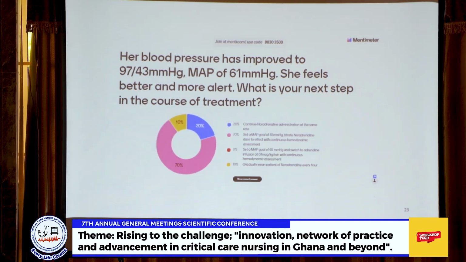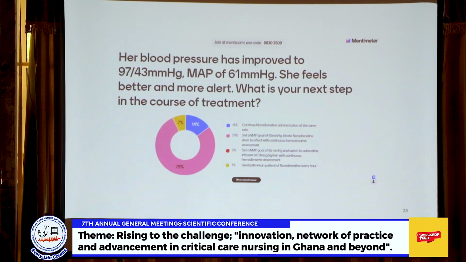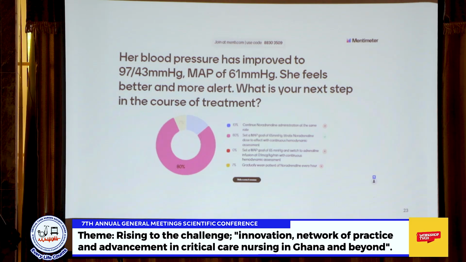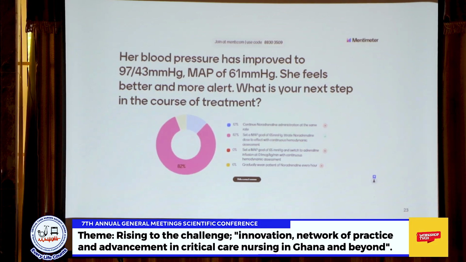Okay. Let's see what will be the correct answer. Is to set the MAP goal. I think we all agree because 82% of you chose that answer.